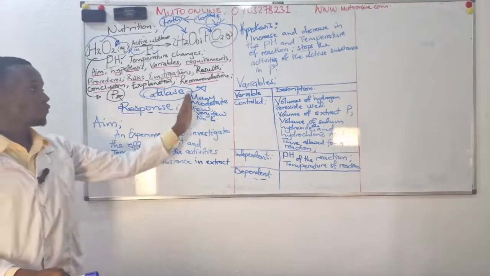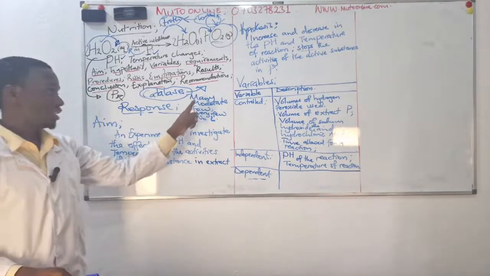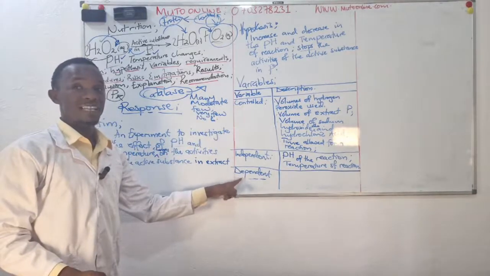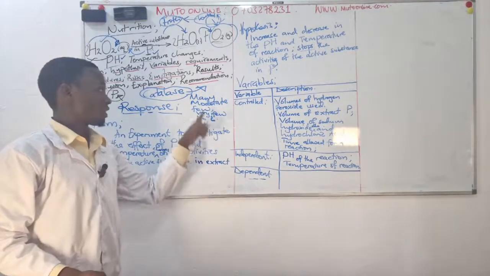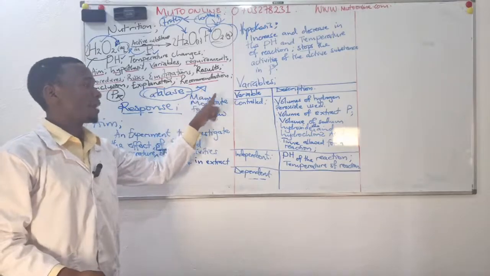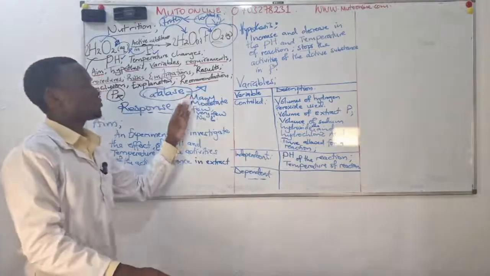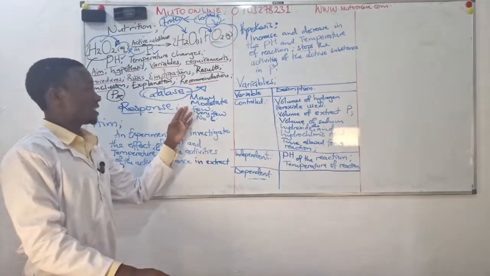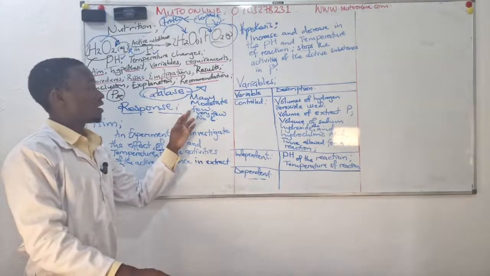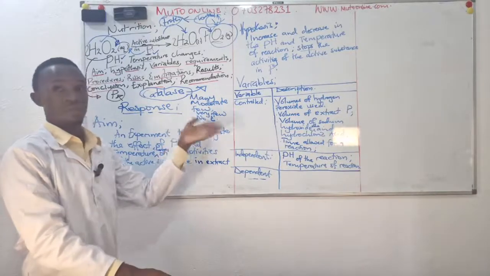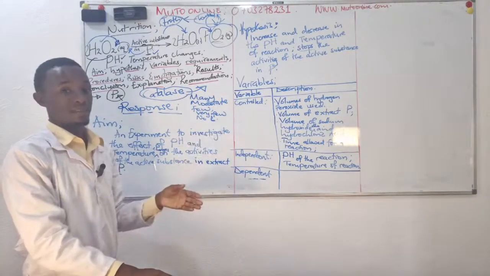If you depend on numbers, these are the observations, the dependent variables. So the observations in terms of numbers, if your dependent variable is the number of bubbles formed, may be many, moderate, few, very few, or no bubbles formed.